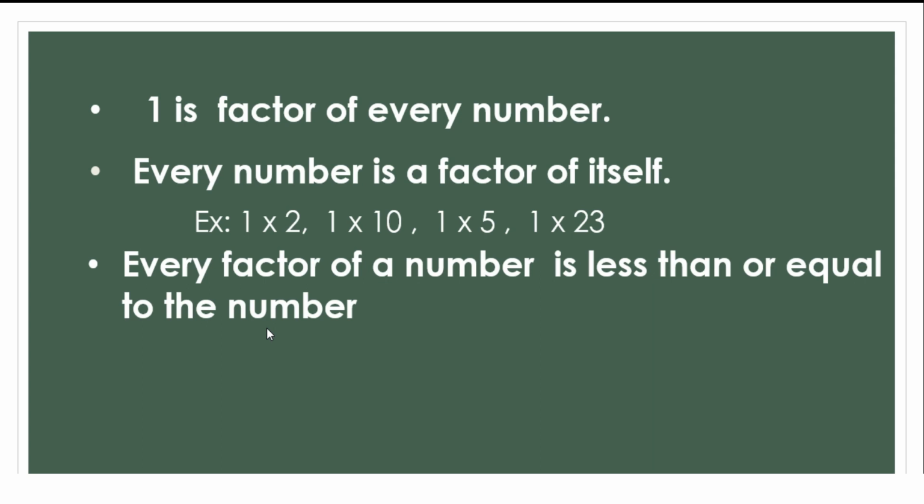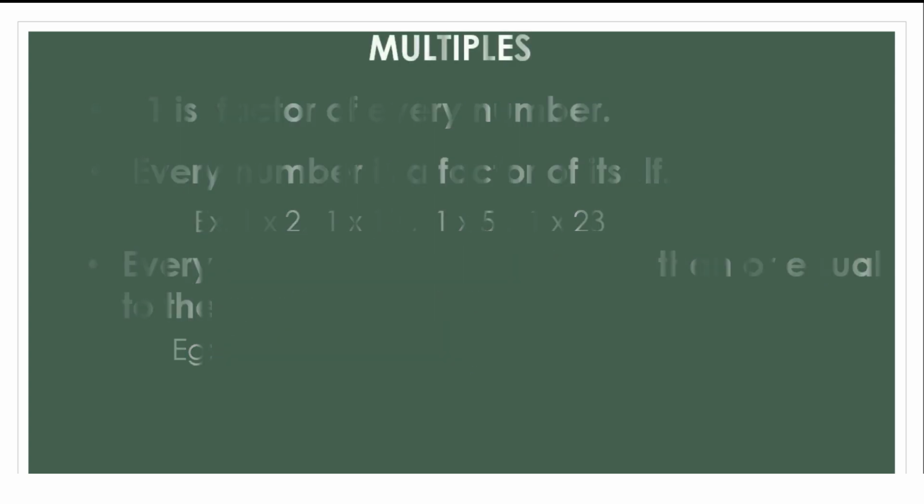The number is 12 but we are getting only 6 exact divisors. For the equal case, let us see the factors of 2. Factors of 2 you will get only 1 and 2. The number is 2 and the number of factors is 2. That's what is given here.